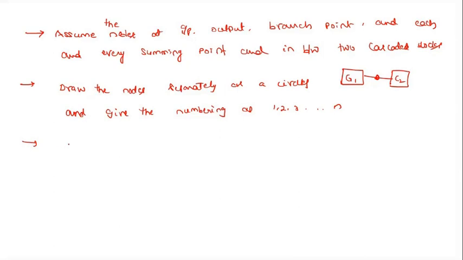And the third point is, from the block diagram, find the gain between each node in the main forward path.